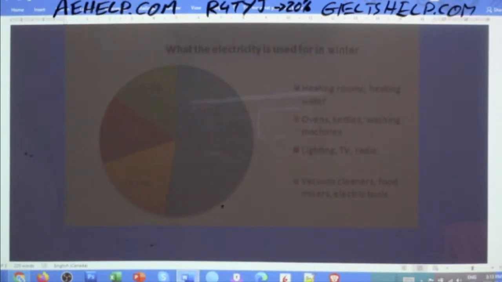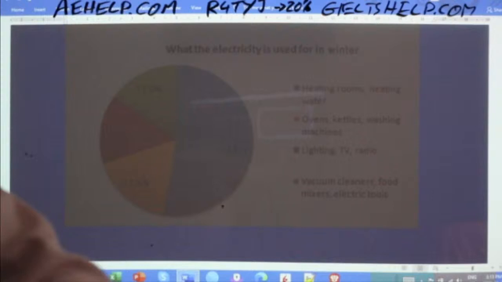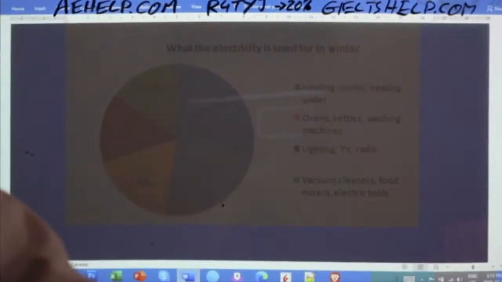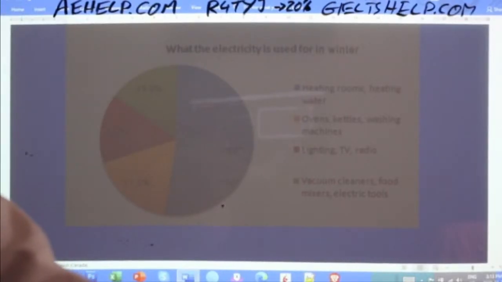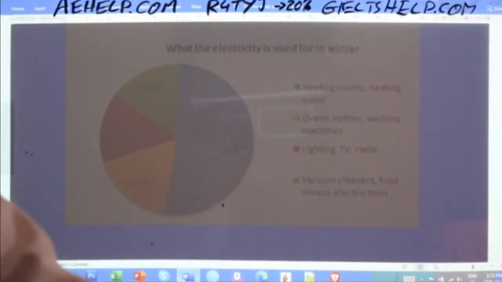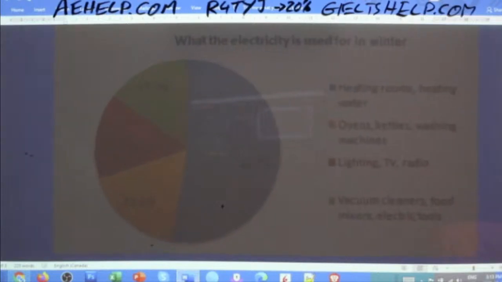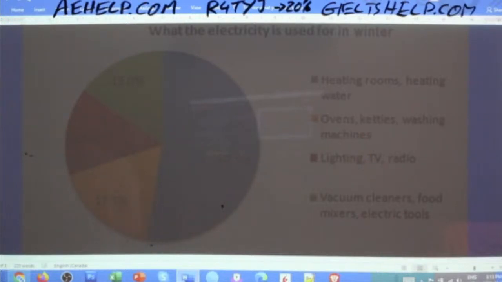This is what the electricity is used for in winter. Let me just do a little bit of adjusting here, and maybe I can get it a bit sharper for you. Okay, hopefully you can see it a little bit better now.